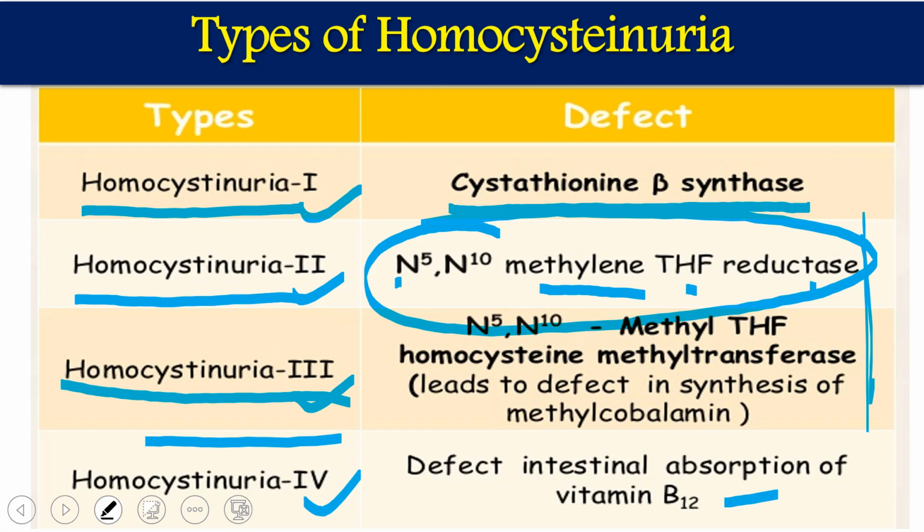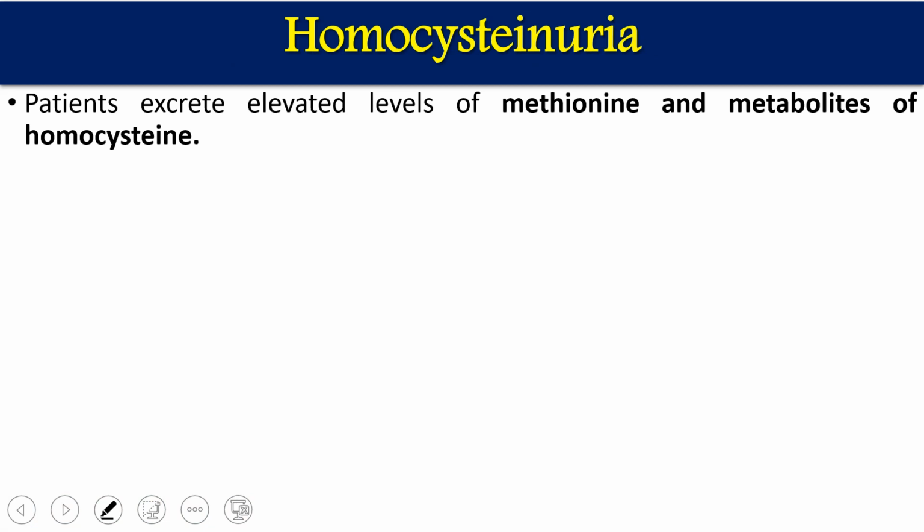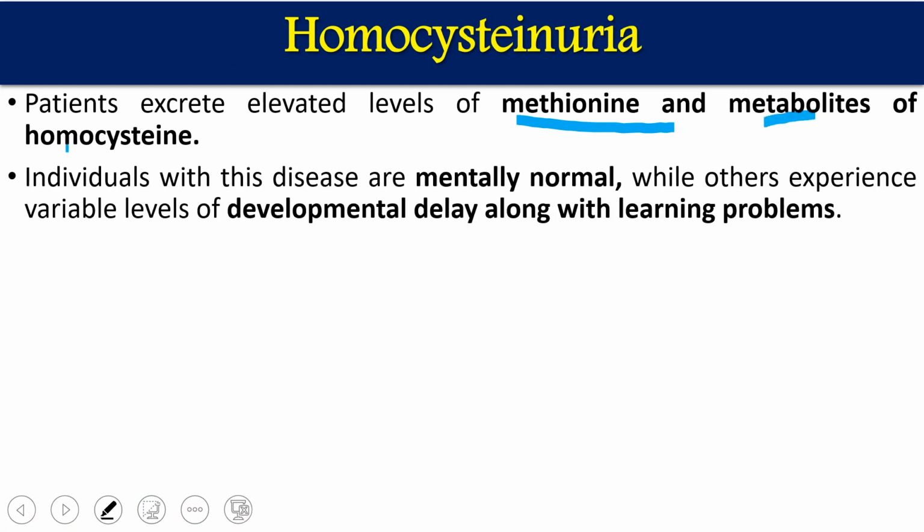The important, classical one is type 1, which is caused by cystathionine beta synthase enzyme deficiency. If we are having any of these defects, methionine or metabolites of homocysteine are going to accumulate and be excreted into the urine.